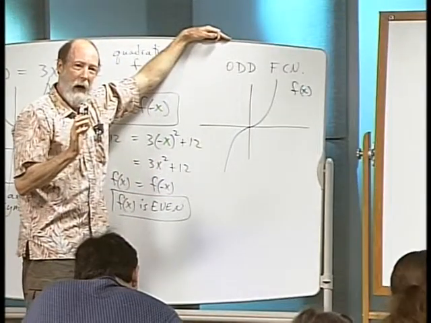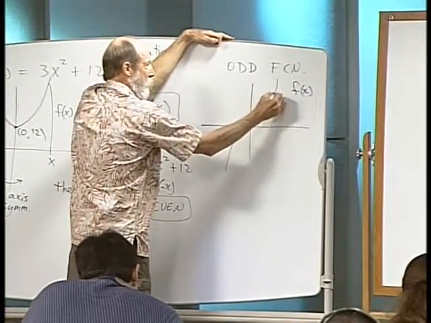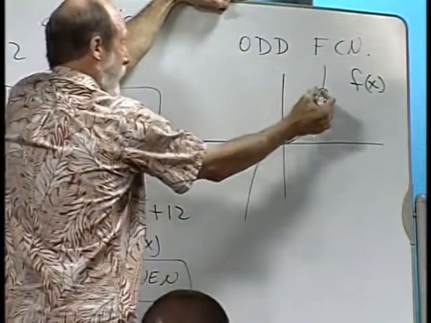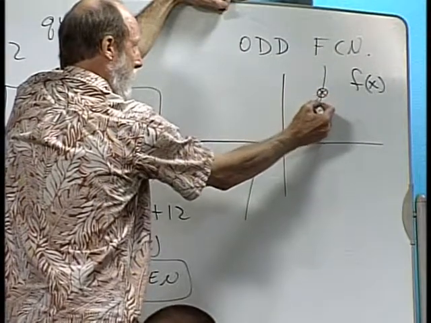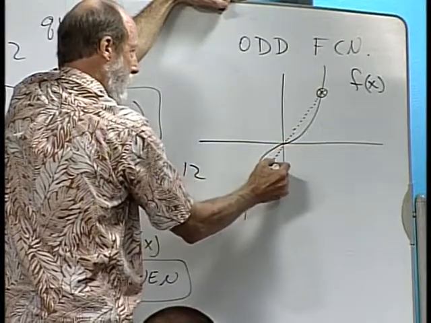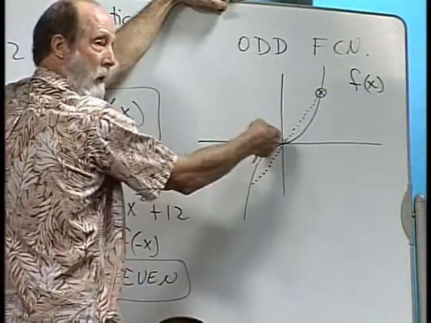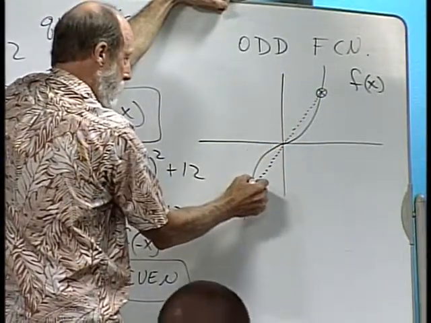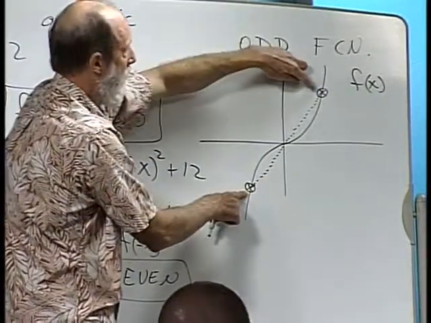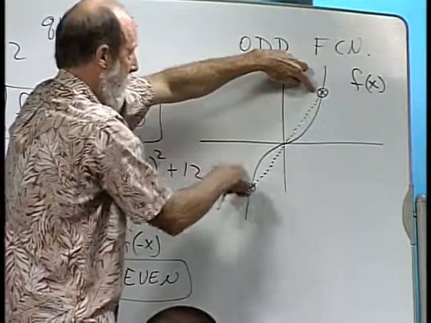If this exhibits origin symmetry, then that means if I pick any old point over here, and I draw a straight line down through the origin and go out the other side, the same distance as it took to come from the point to the origin, I better hit another point on the graph that mirrors the original point through the origin.